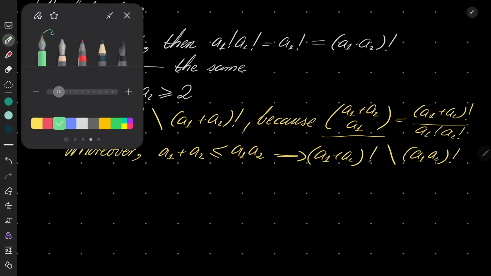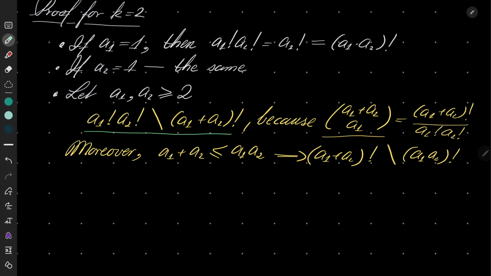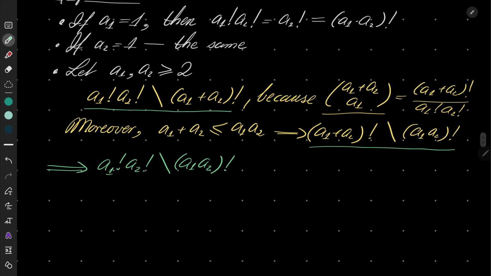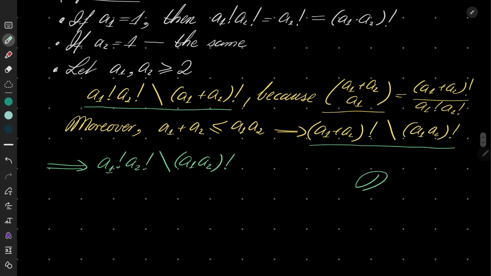And now combining this and this, we know that a1 factorial, a2 factorial divides a1 a2 factorial. The rest is left to the watcher. Use induction or something. It's not that hard. QED for the lemma, not for the entire proof.